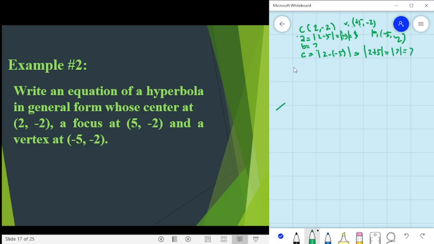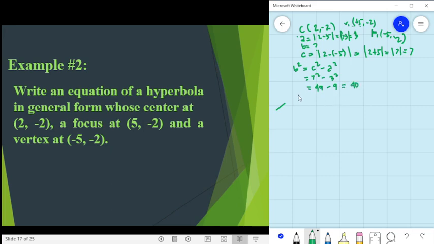So, from here, to find the B, we are going to use the equation B squared is equal to C squared minus A squared. Since our C is 7, we have 7 squared minus 3 squared. So, 7 squared is 49 minus 9, and the answer would be 40.